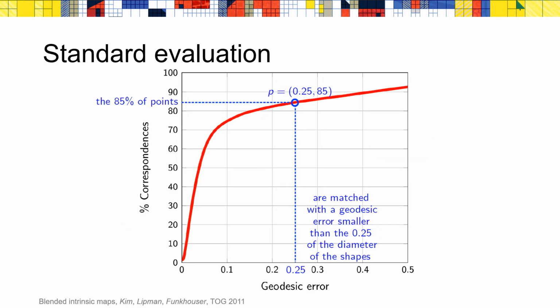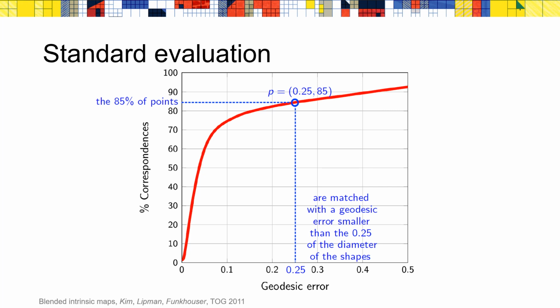For some quantitative evaluation, I briefly introduce a standard evaluation proposed in 2011, that is the cumulative curve of geodesic error. This curve is obtained as follows. On the x-axis, we have the geodesic error, and on the y-axis, we have the percentage of correct correspondences.